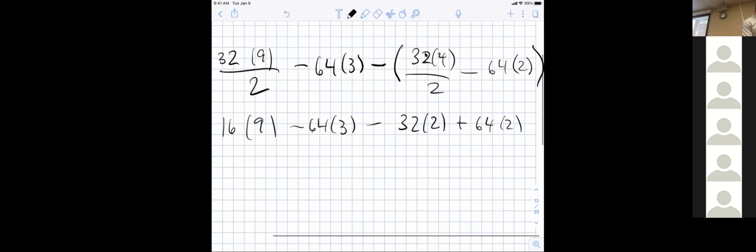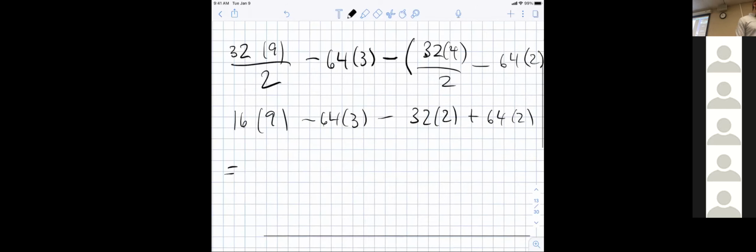When we work smarter, not harder, and let our calculator do that, 16 times 9 minus 64 times 3 minus 32 times 2 plus 64 times 2, we get 16 for that. Okay.